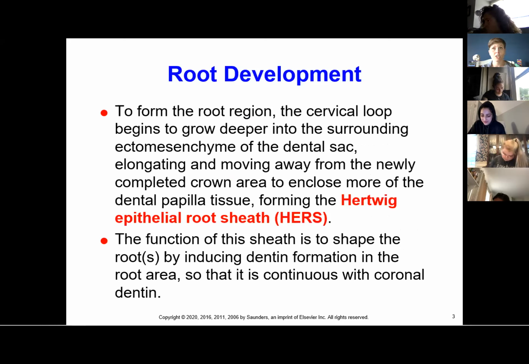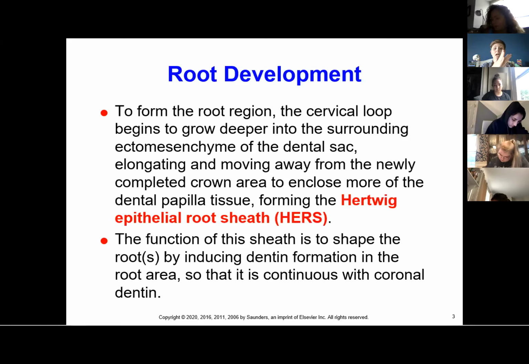And then to form the root region, the cervical loop begins to grow deeper into the surrounding ectomesenchyme of the dental sac, elongating and moving away from the newly completed crown. So the crown is developing with the enamel matrix, and then it starts to... remember you have your inner enamel epithelium and your outer, and it kind of comes together in that bell stage where it's right here.